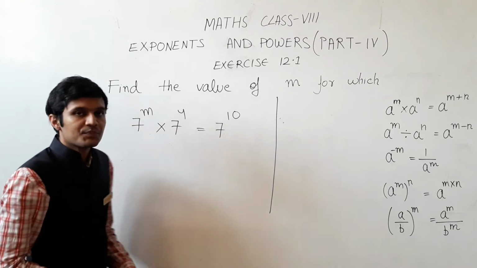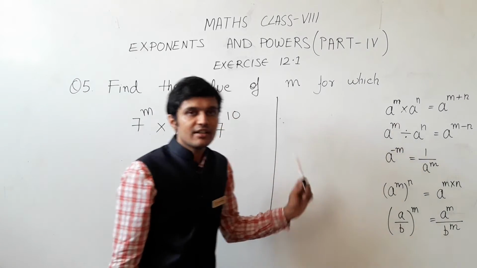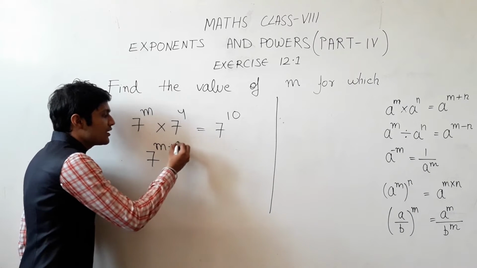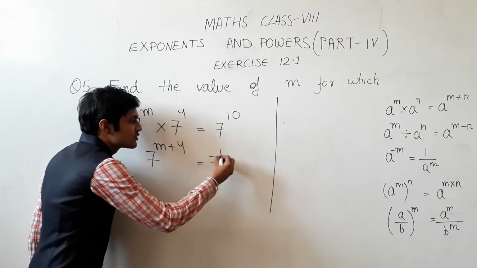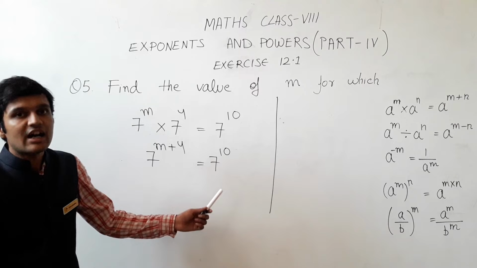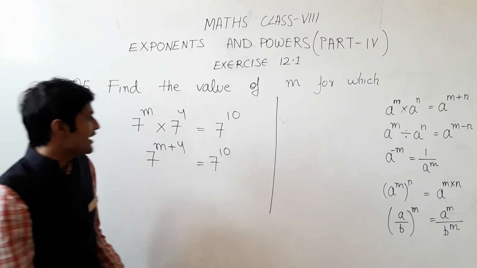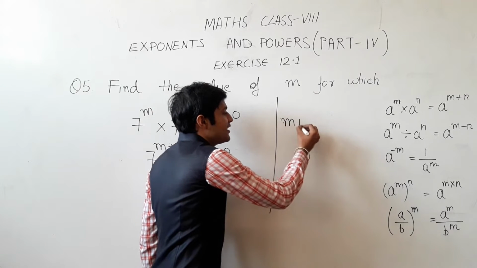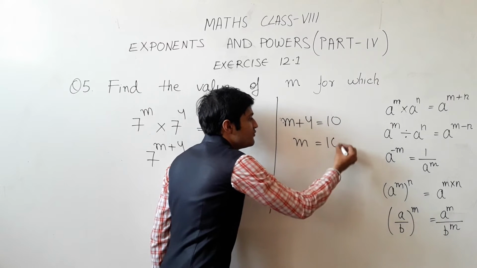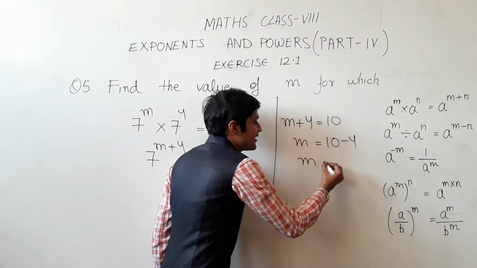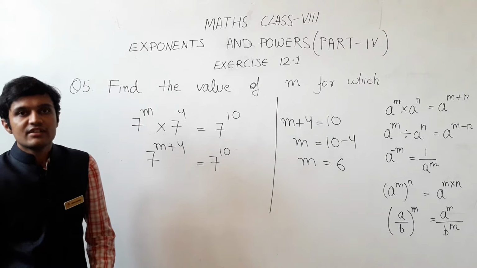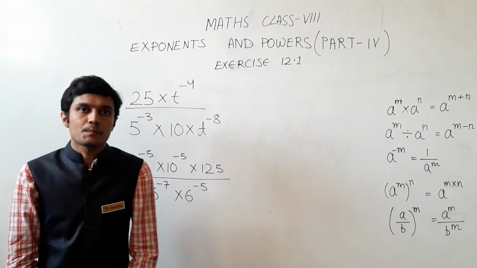Firstly you use this law, so this becomes 7 raised to the power m plus 4 equals 7 raised to the power 10. Again the bases are the same, so we can compare the exponents and write m plus 4 equals 10, and the value of m will be 10 minus 4, that is 6. In this way you can solve these types of questions.